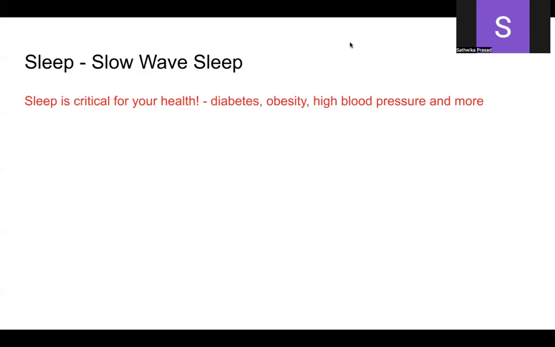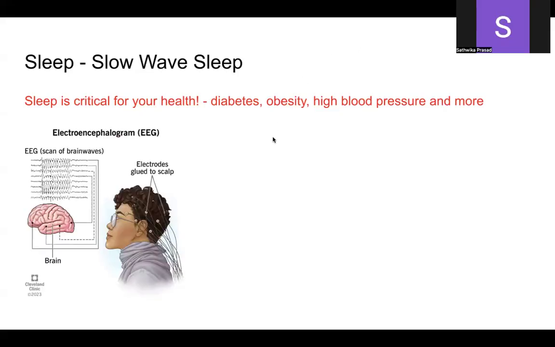So one mode that your brain has is known as sleep, right? So how do we recognize when your brain is in sleep mode? For that, we need to understand a technology known as EEGs, also known as electroencephalograms, right? So how electroencephalograms work is that there are electrodes that are glued onto your scalp, right?